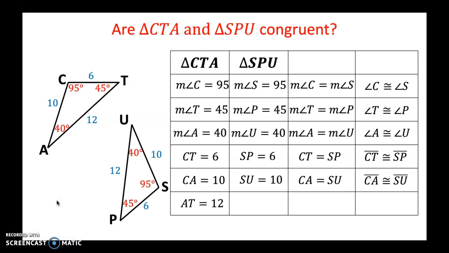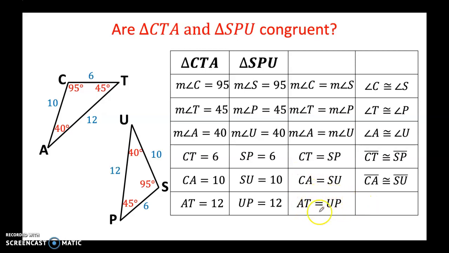For the triangle, the measure of segment AT is equal to 12 and the measure of segment UP is equal to 12. So, since they are both equal to 12, we can say that segment AT is equal to segment UP.